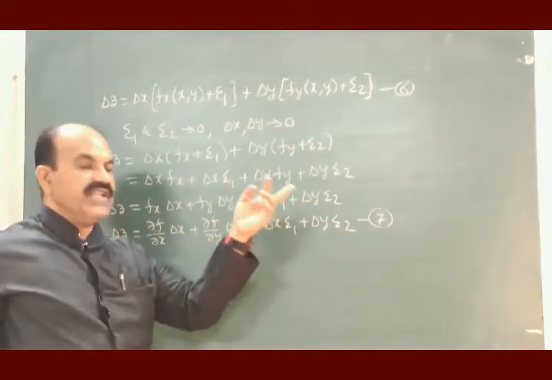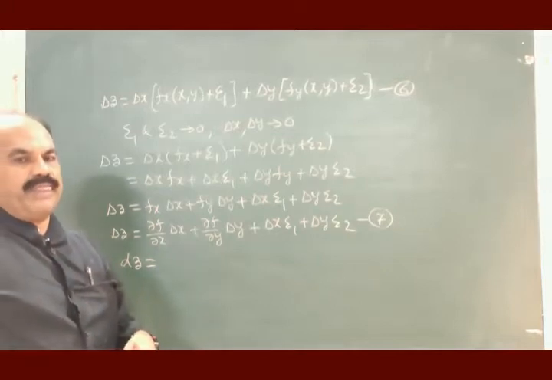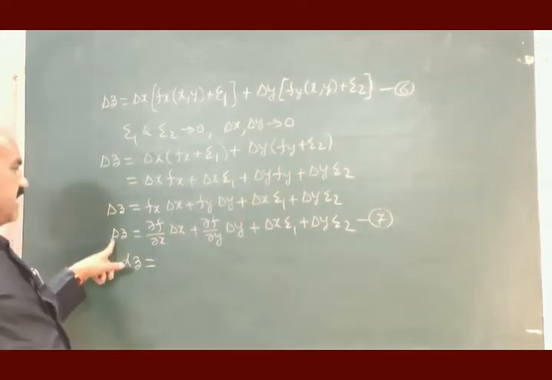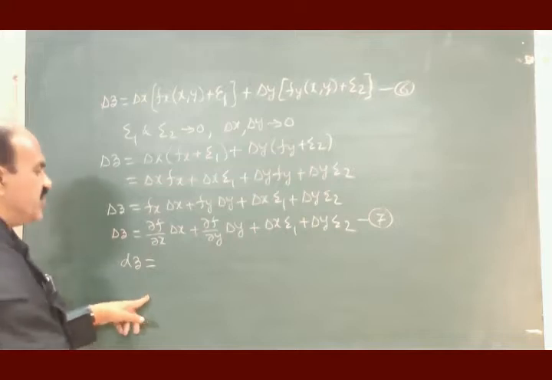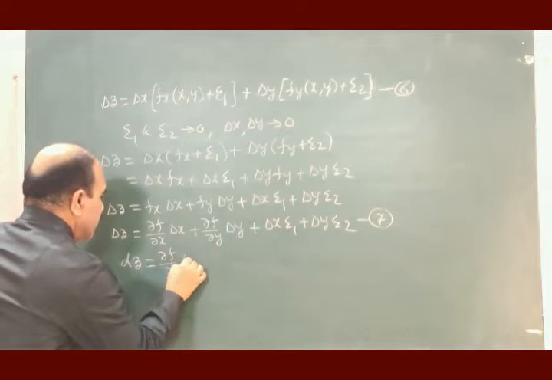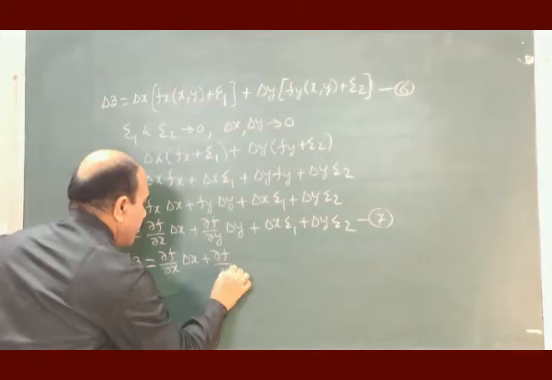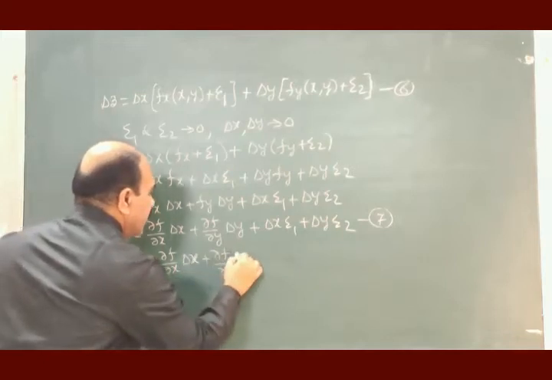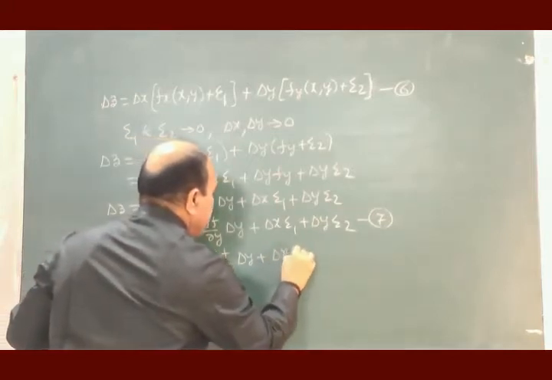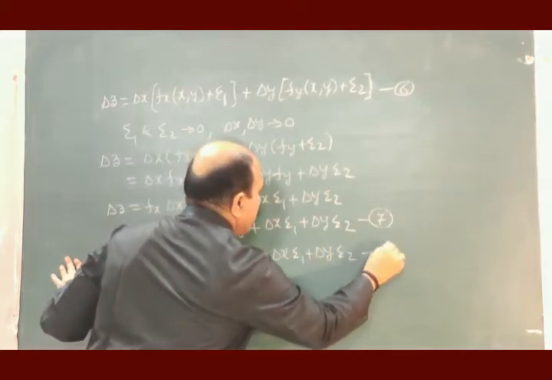When we consider equation 7 as the total differentiation of the function z is equal to f of (x, y), this delta z may be written as dz, and that will be dou f by dou x into delta x plus dou f by dou y into delta y plus delta x sigma 1 plus delta y sigma 2.